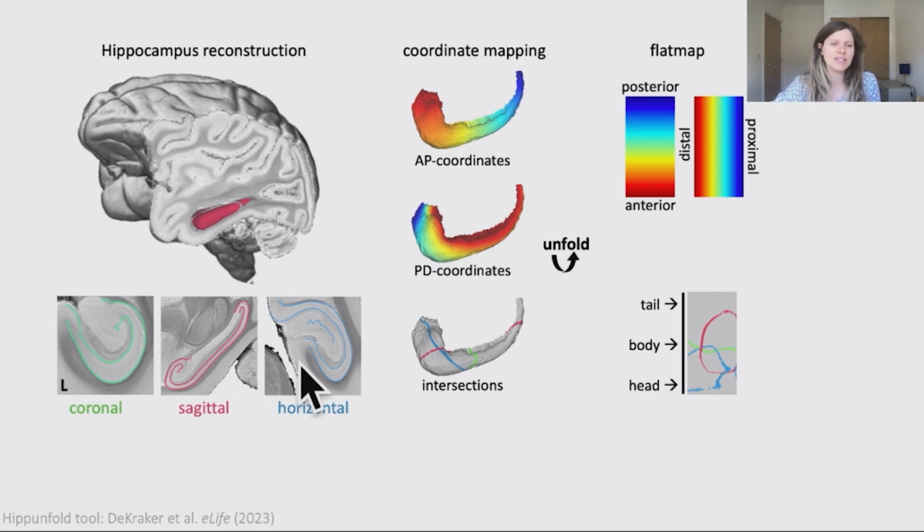As you can see here, it reconstructs a hippocampal surface, for example, from an MRI scan, and then it computes the coordinates of the intrinsic axis of the hippocampus, so anterior-posterior and proximal-distal. Based on these coordinates, we can then represent the same surface as an unfolded or flattened map.